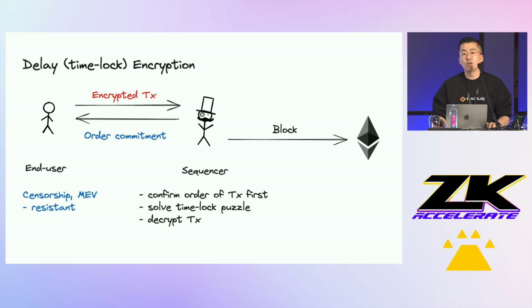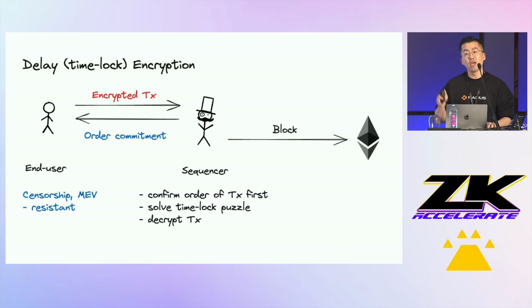For the encryption part, we applied a time lock puzzle encryption, which means the solution to the time lock puzzle will be the decryption key. When an end user encrypts their transactions with time lock puzzle encryption, a sequencer needs to find this decryption key by solving the time lock puzzle. That's where delay comes in.